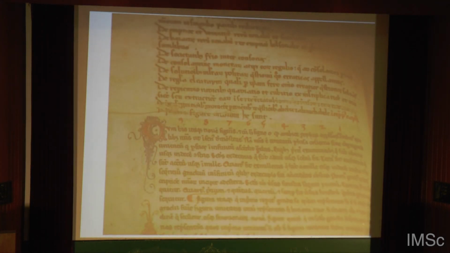But here's an actual page from one of the original manuscripts, and you can see here our modern numerals appearing. Slightly, 5 looks slightly different, maybe 3 looks slightly different. So he introduced the place value system, the numerals 1, 2, 3, 4, and so on, to Europe in the 12th century.